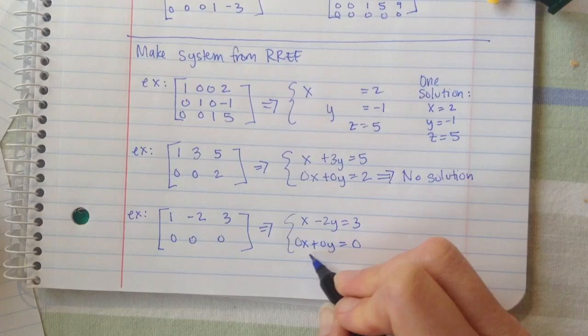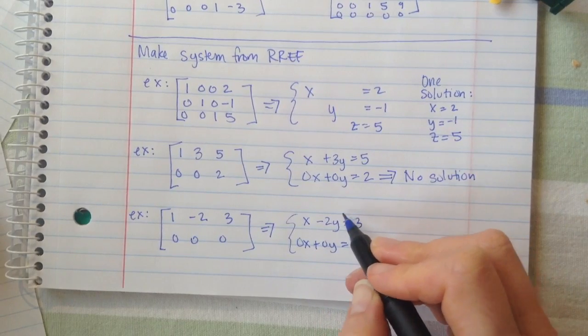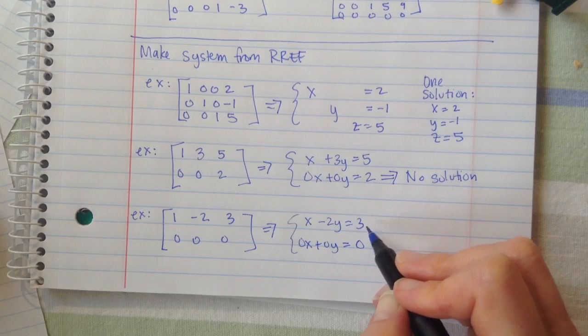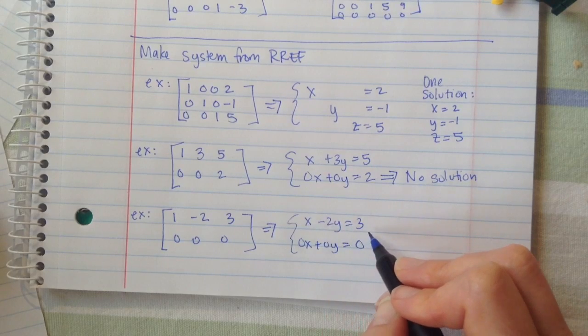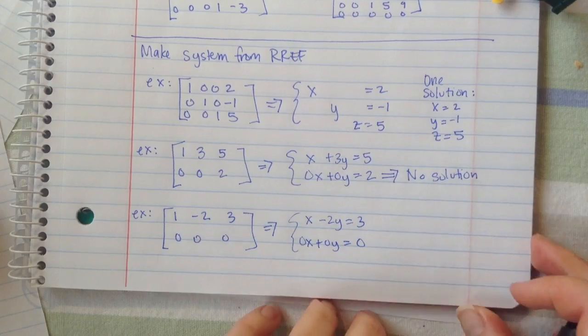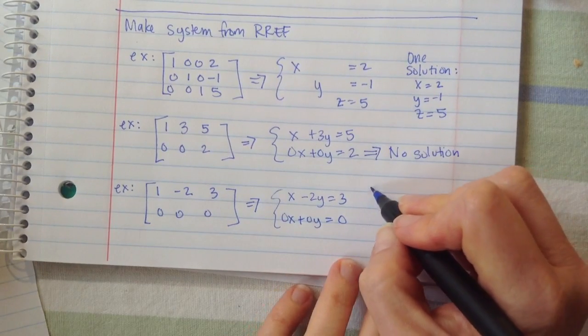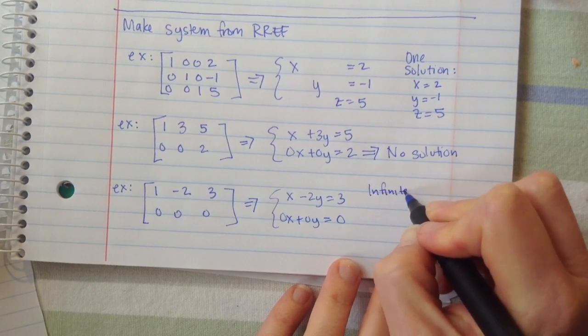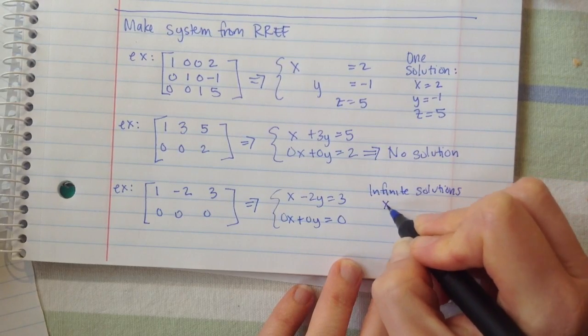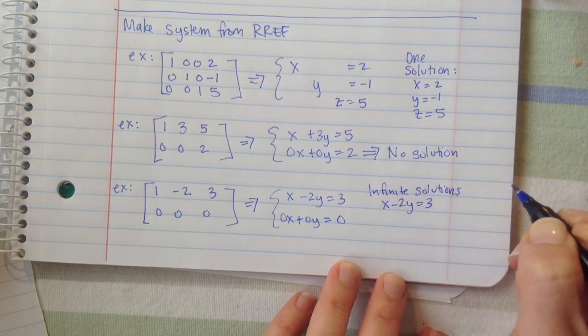This one is true all the time, so this is the equation that's determining our solutions, and those solutions are infinite because we have an infinite number of x's and y's that make this equation true. So our solution is infinite solutions, and they all lie on the line x minus 2y equals 3.